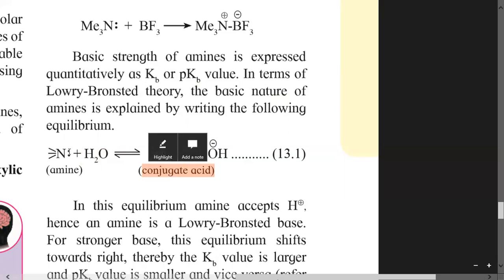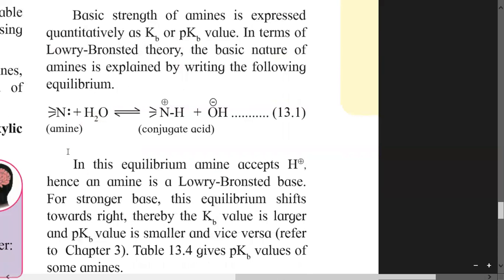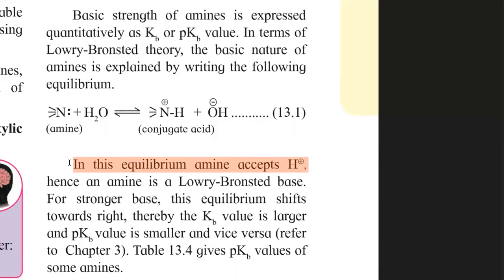According to this Lowry-Bronsted concept, the amine accepts a proton, and a proton acceptor is a base, hence amines are basic according to Lowry-Bronsted theory. In this equilibrium, the amine accepts H plus ion, hence the amine is a Lowry-Bronsted base.